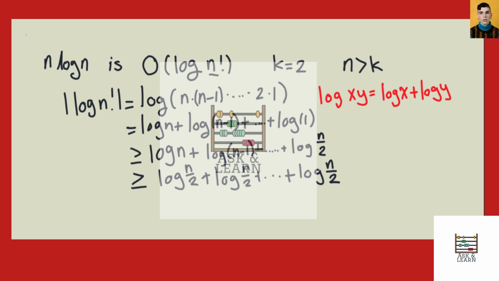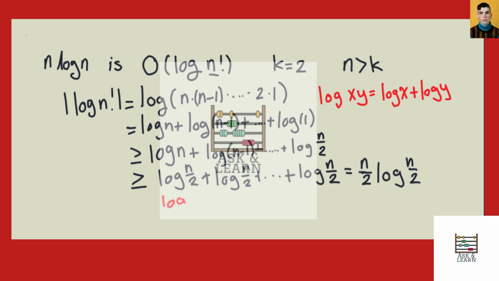Well, great. So we can combine these, and this expression is going to be equal to n over 2 log n over 2. So we have another little trick here.